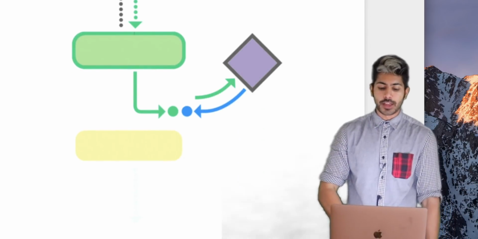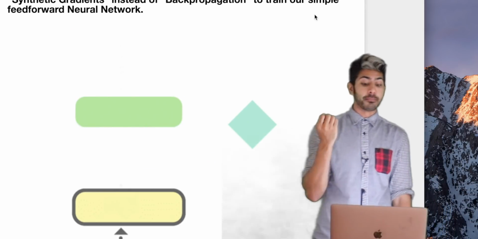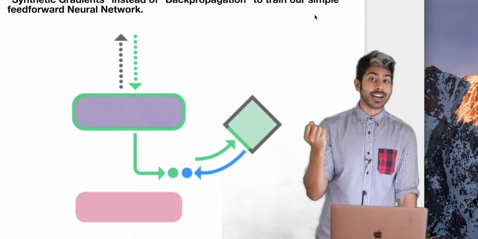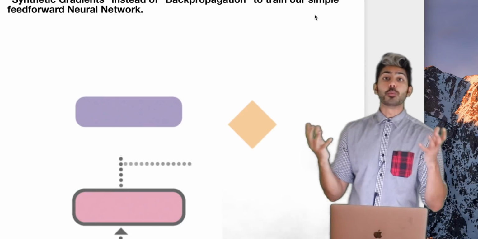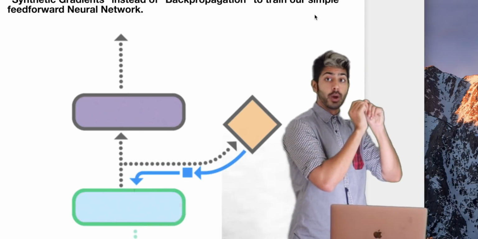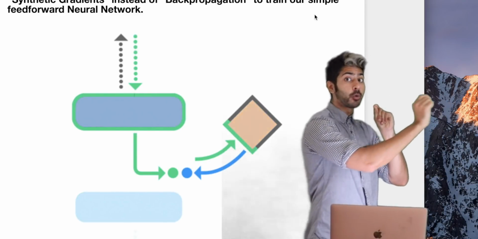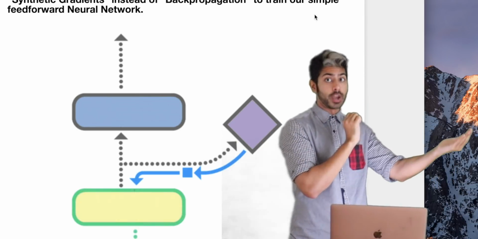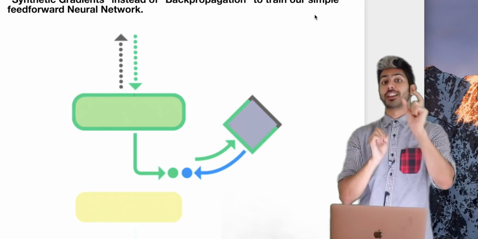So this GIF that you're looking at right here is an example of the synthetic gradient strategy. The idea behind synthetic gradients is rather than waiting for your neural network to go through a full forward and backward pass, you can just update each layer without having to wait for that, using what's called a synthetic gradient.